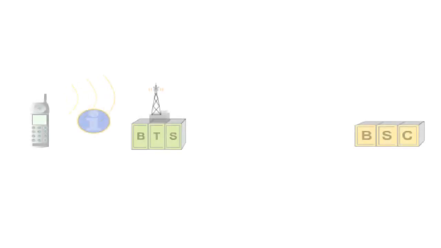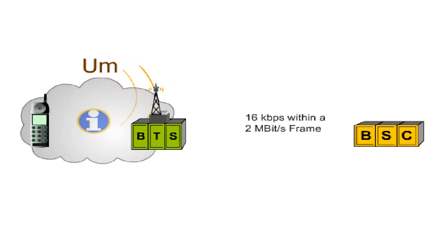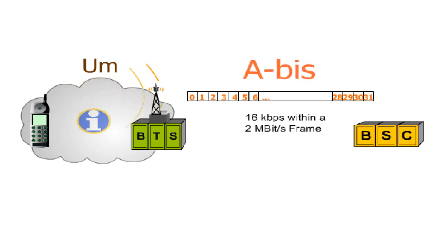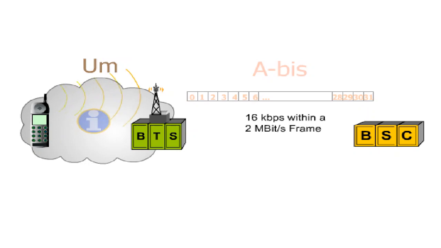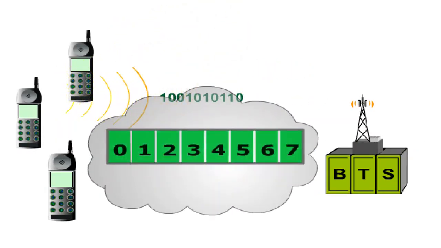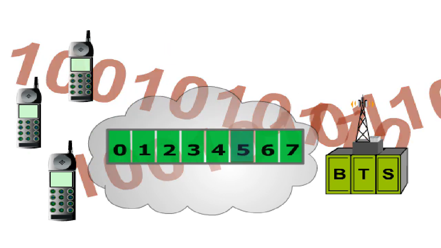The information which is physically transmitted over the air interface Um via the physical channels must be converted into a 16 kilobit per second signal within a 2 megabit per second frame, which connects the BTS and the BSC as the A-bis interface. It's very important that all mobile stations within a cell send their digital information at the right moment, in order to avoid collisions at the time slots of the air interface, which would destroy the transmitted information.